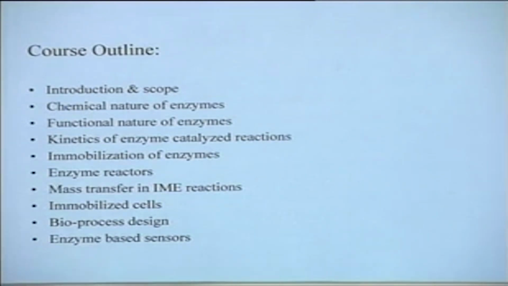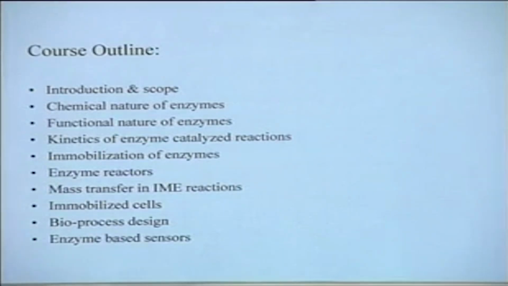The use of enzyme reactors, the types of reactors that are possible to be used with immobilized enzymes, with the soluble enzymes, their characteristic features, comparison between their performances, how to choose the enzyme reactors, then mass transfer in immobilized enzyme reactors, because immobilization of enzyme will have some additional physicochemical features like diffusion, partitioning.